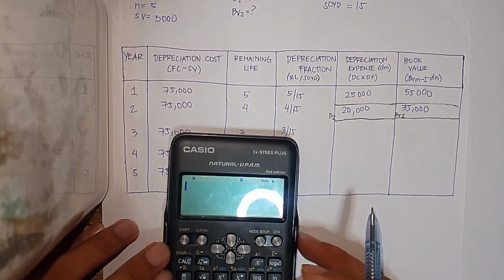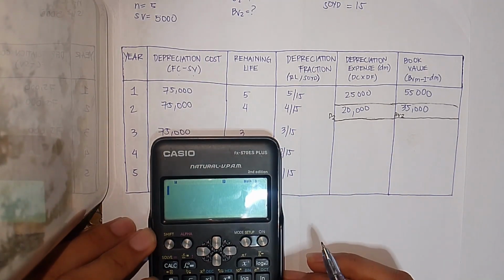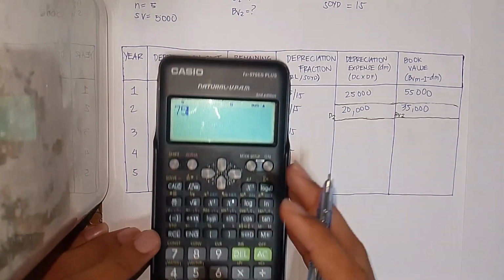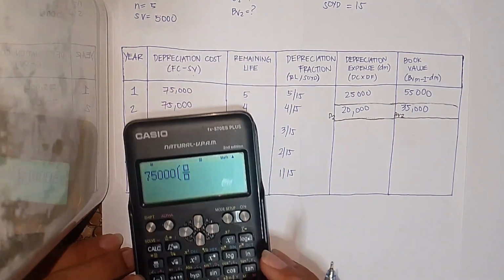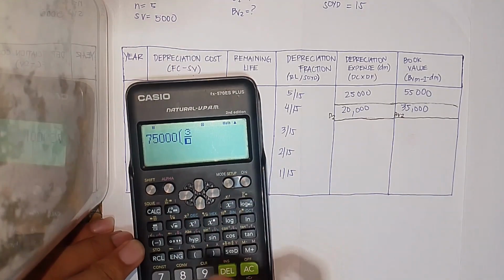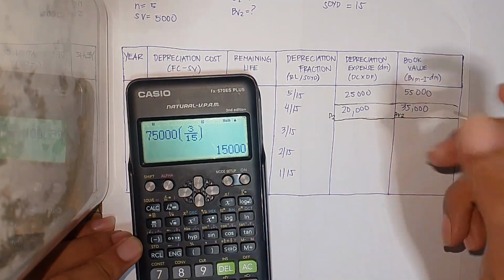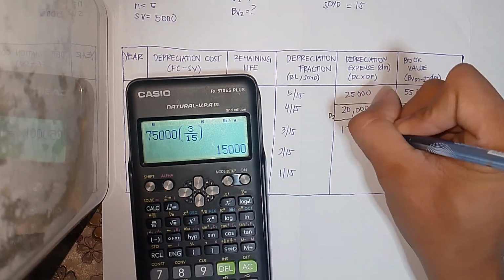Same computation. To get the depreciation expense, you need to multiply the depreciation cost and the depreciation fraction. 75,000 times 3 over 15. So our depreciation expense for year 3 is 15,000.